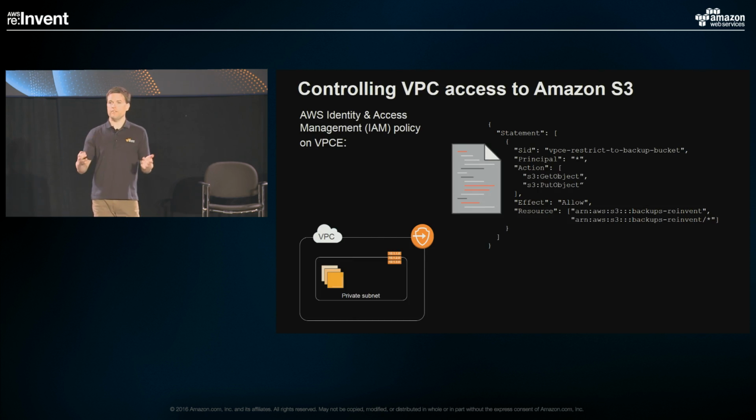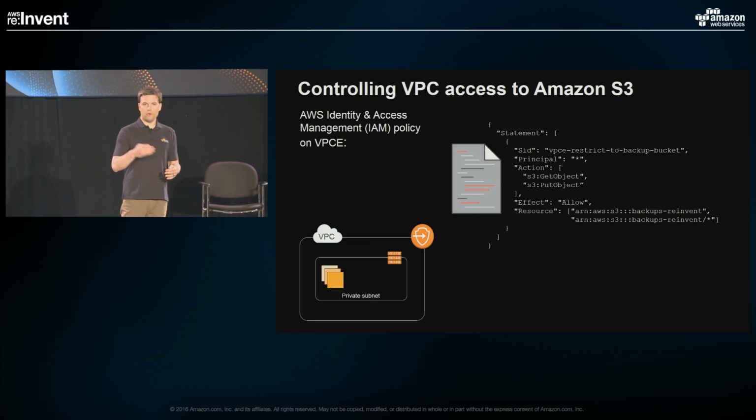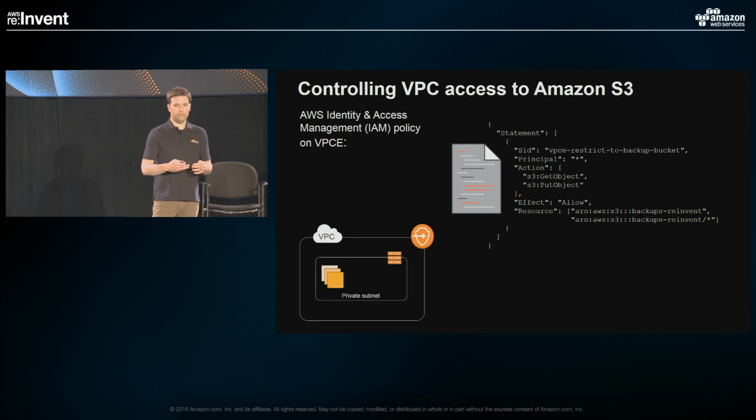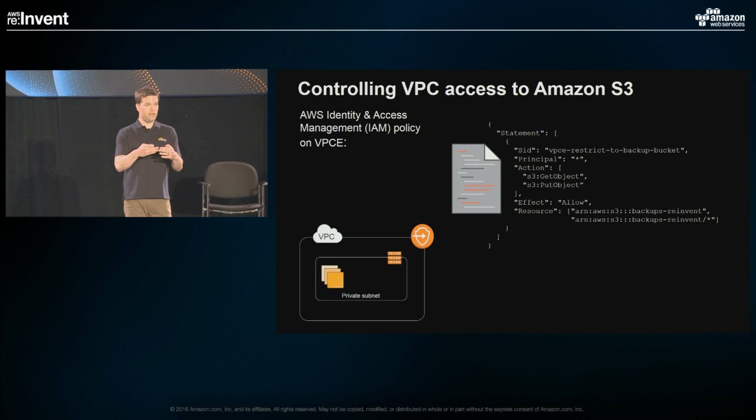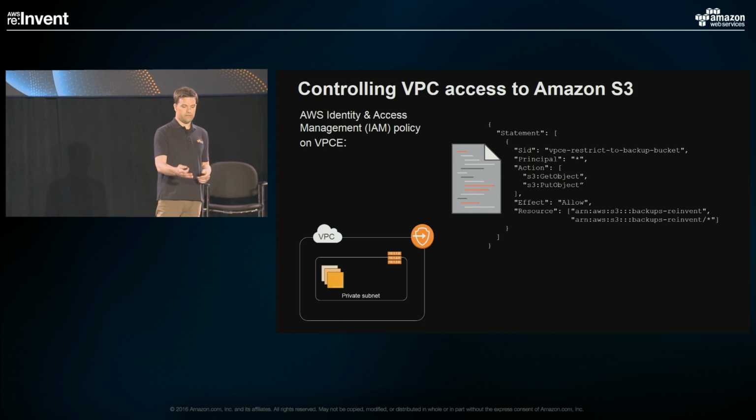And here's the fine-grained access control I mentioned. There are multiple stages where you can apply policies to control egress out of your VPC. The first one is I can apply an IAM policy to the VPC endpoint itself, and it can be as detailed as users and groups, amount of content, specific objects. In this case, I've gone pretty generic, which is a specific bucket.